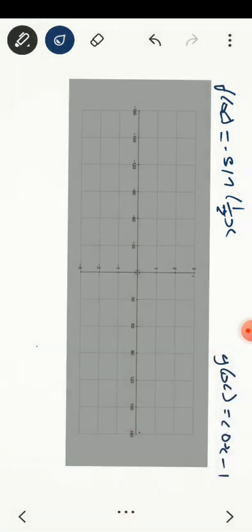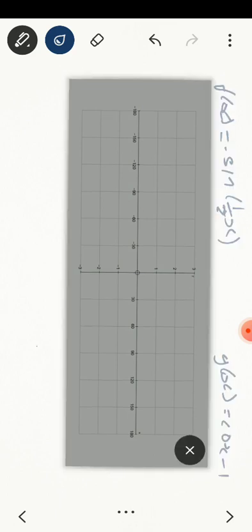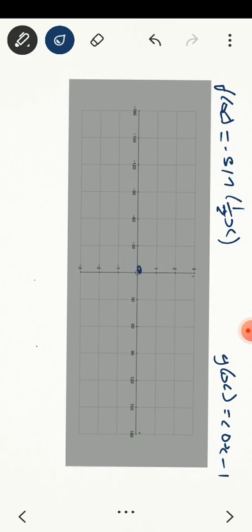I'm going to use different colors. Remember that the graph of sine is going to start at the origin, and from the origin it goes to the turning point. The period here is 720, meaning that the interval is going to be 180 degrees, and the amplitude is just 1.